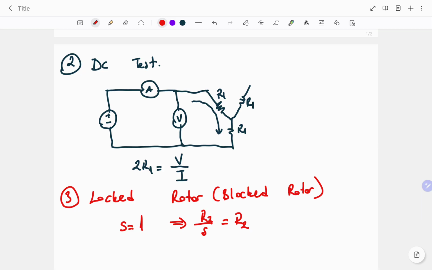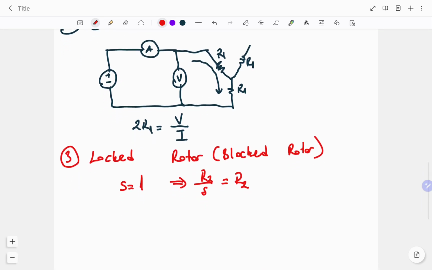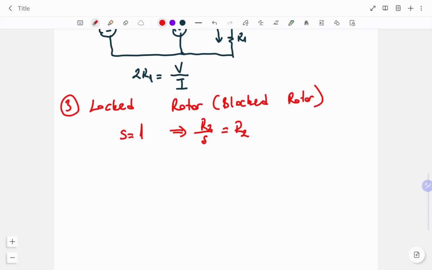And we know it is a very small value. So in terms of the circuit, R2 and jX2, which are parallel connected with XM and RC, but when the slip is equal to 1, this part will be very small with respect to RC and XM.